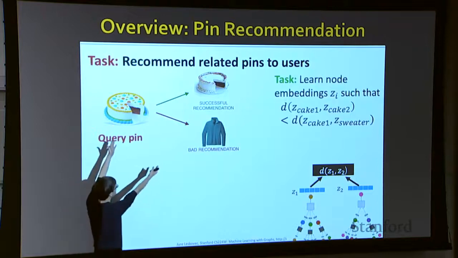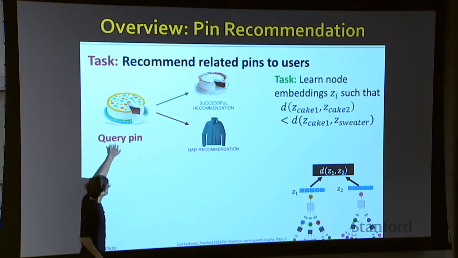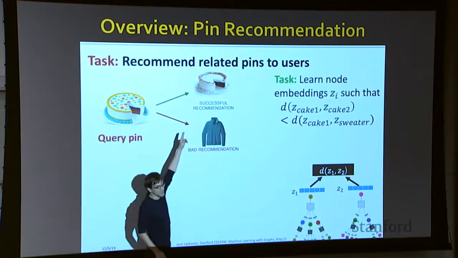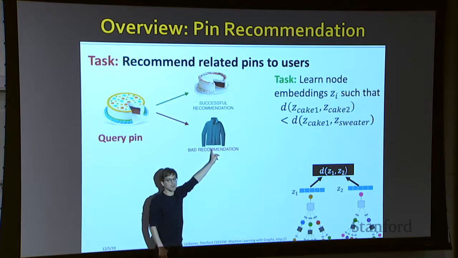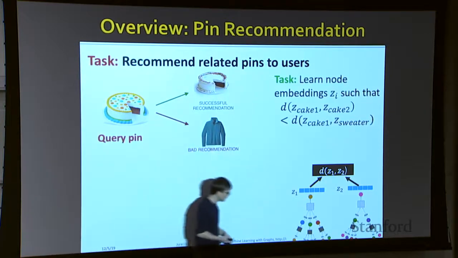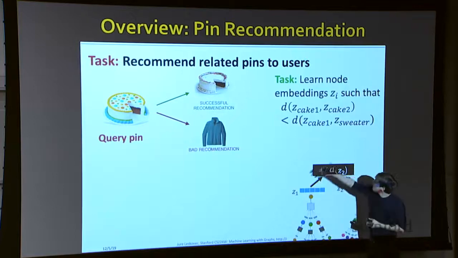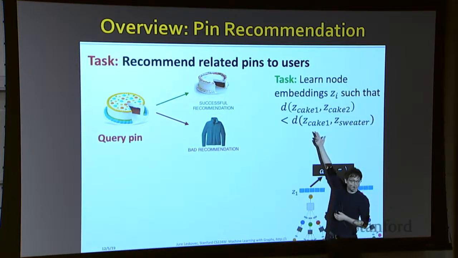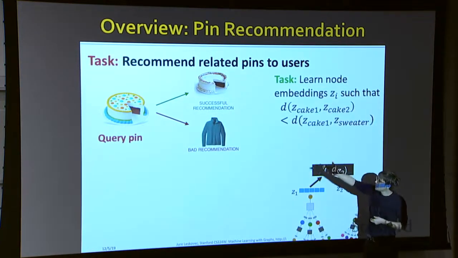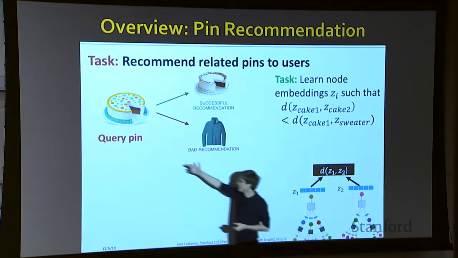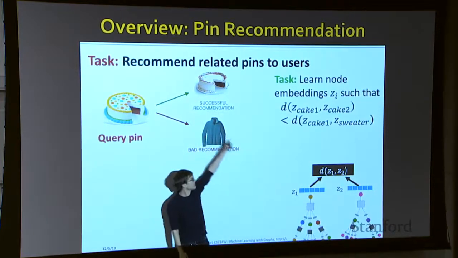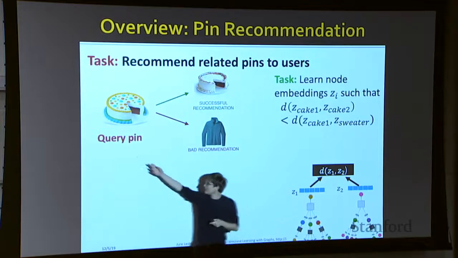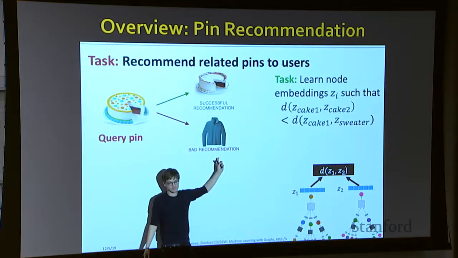We will come up with triples: here's the query pin, here is a related pin, and here is an unrelated pin. Our goal is to identify the embedding, here I call it Z, such that the distance between cake 1 and cake 2, the query cake and the target cake, is smaller than between the query cake and the sweater.